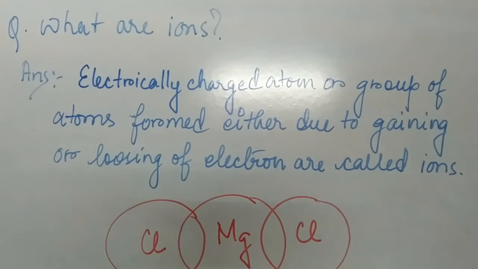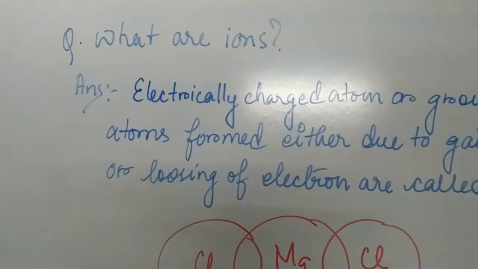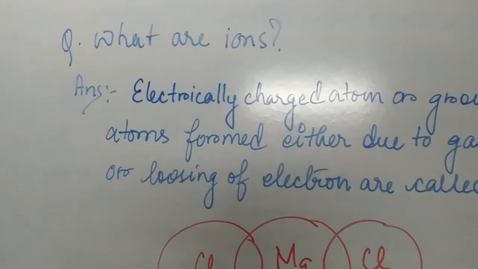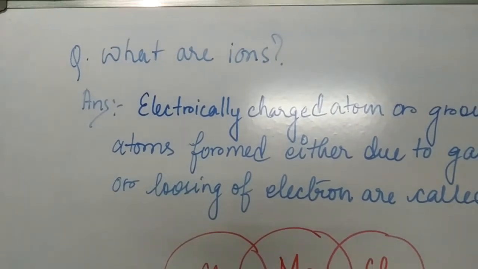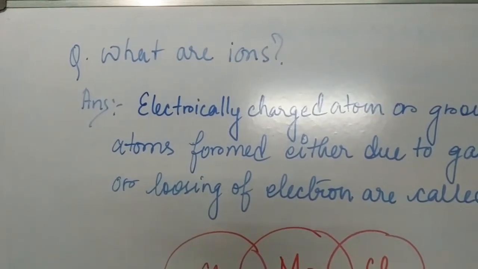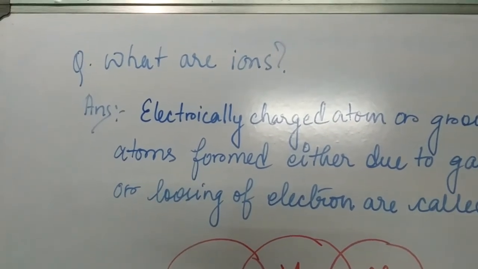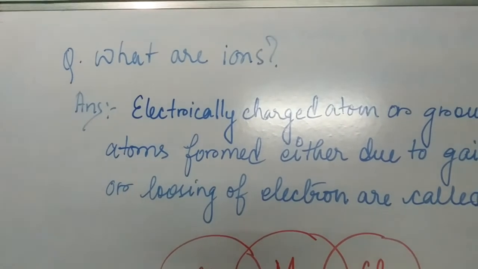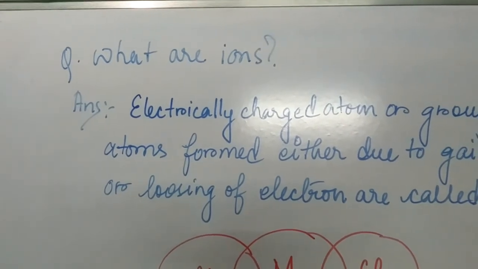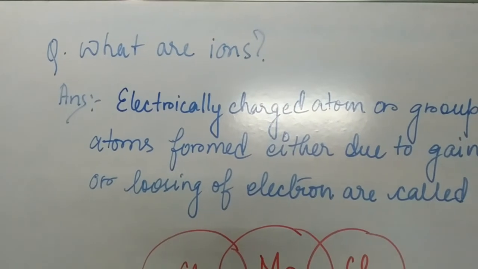That means, as I said, students, that atoms are electrically neutral because if the atom has not undergone a chemical reaction, then the charge of electrons revolving around the nucleus balances the positive charge of the protons present within the nucleus.